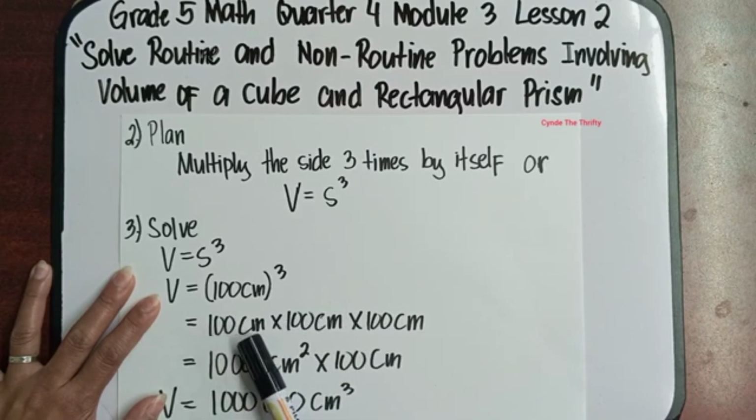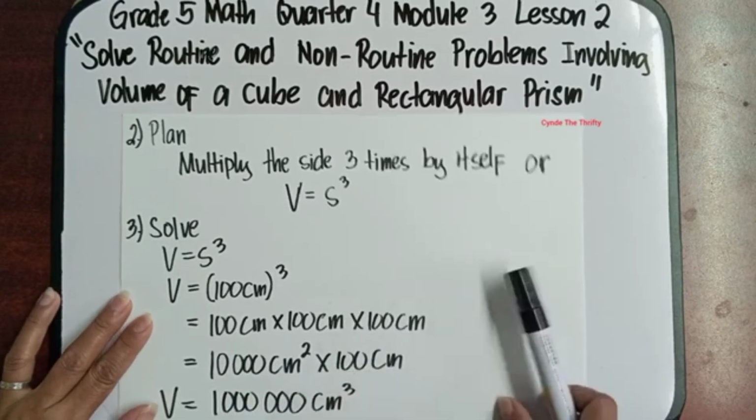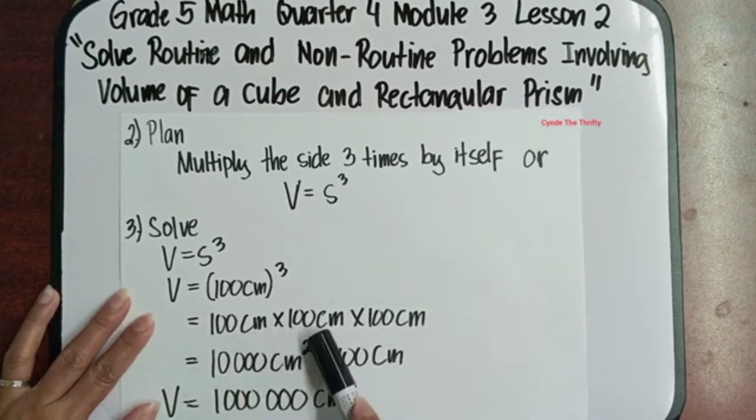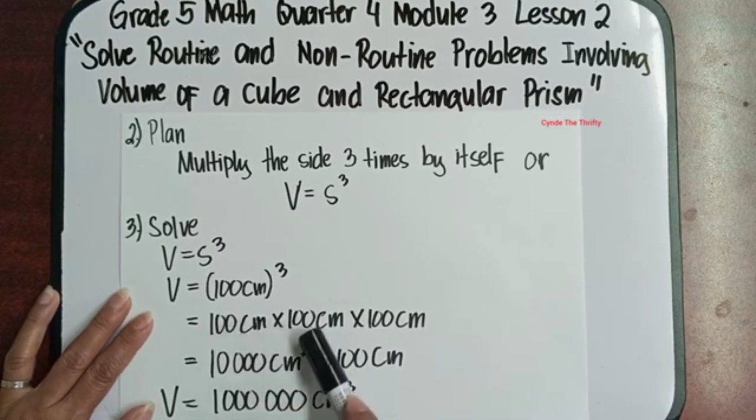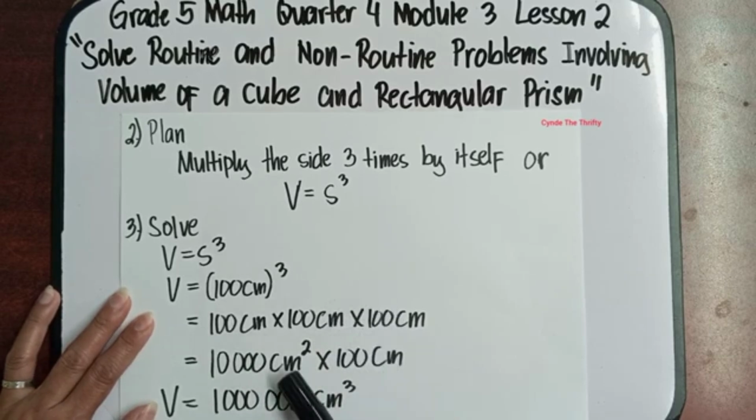So, 100 cm times 100 cm times 100 cm. 100 times 100 is equal to 10,000. Centimeter times centimeter, ilang centimeter meron tayo? 2. So, that is why centimeter squared times 100 centimeter.